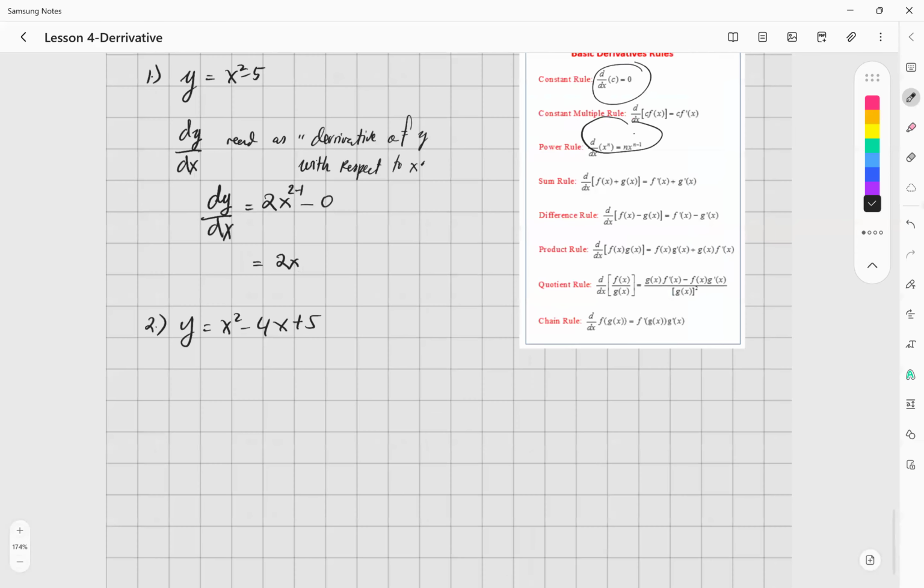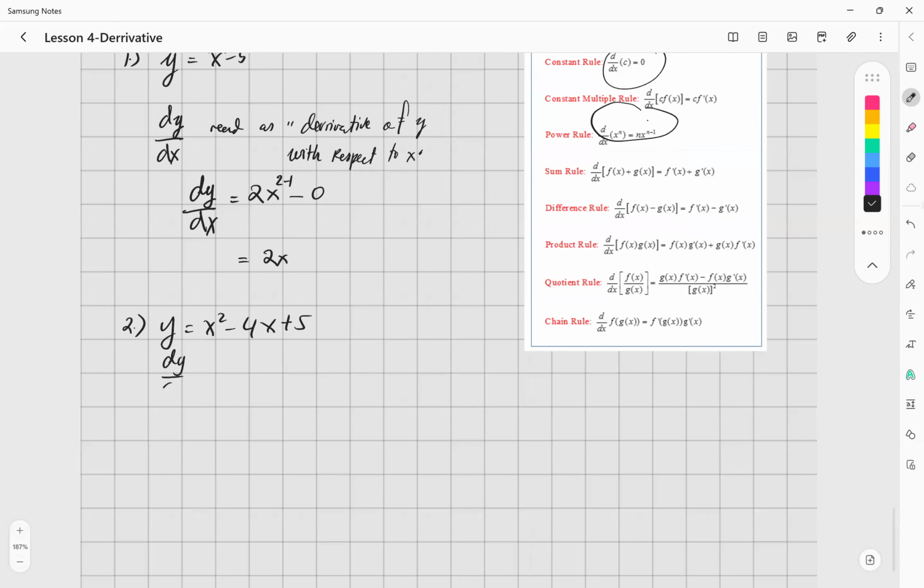If I want to find the derivative d over dx, I bring down the 2 in front and 2 minus 1, so that will just be 2x. The derivative of negative 4x is negative 4, because x to the 1 minus 1 is x to the 0.